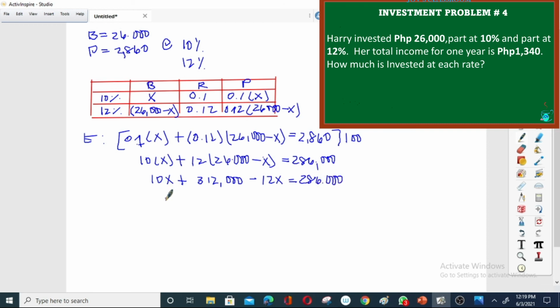Let us transpose 312,000 to the right and combine 10x minus 12x: negative 2x is equal to 286,000 minus 312,000, which is negative 26,000.